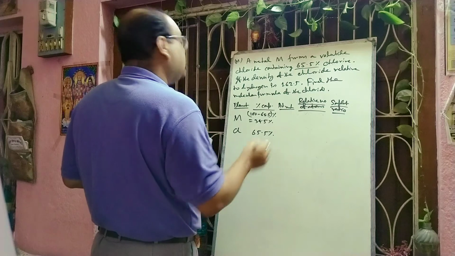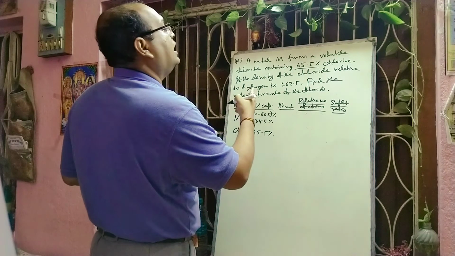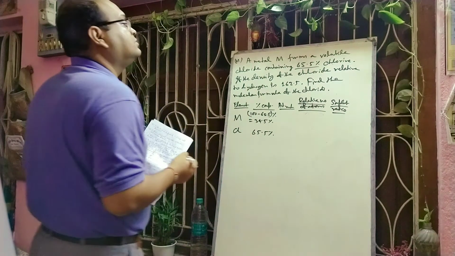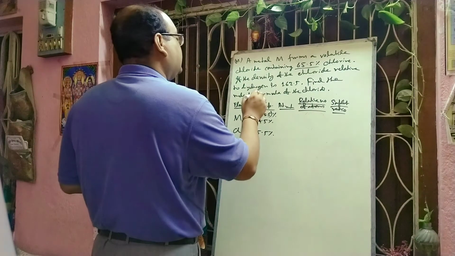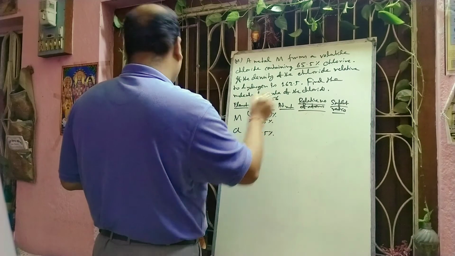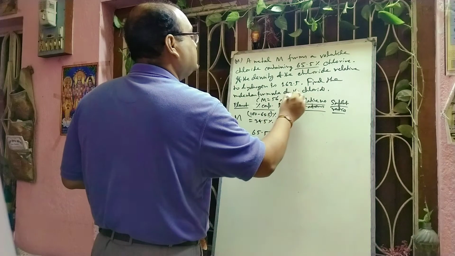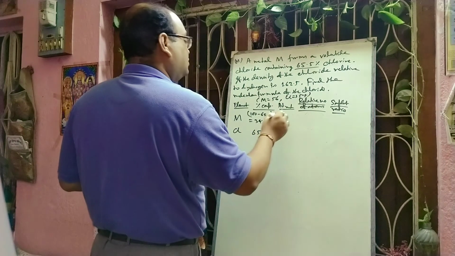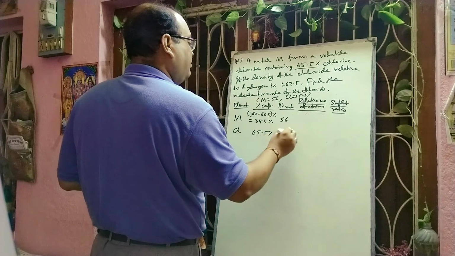The atomic weights are supplied: M is 56 and Cl is 35.5.